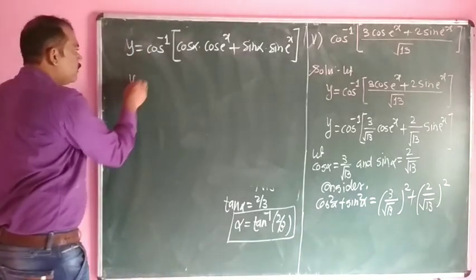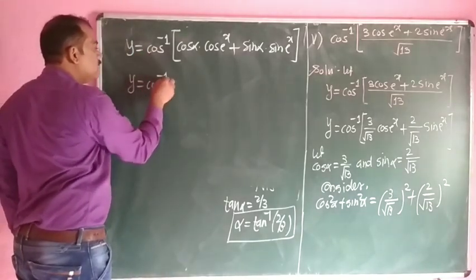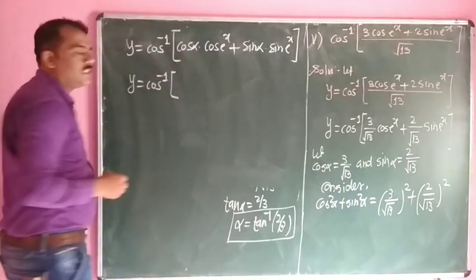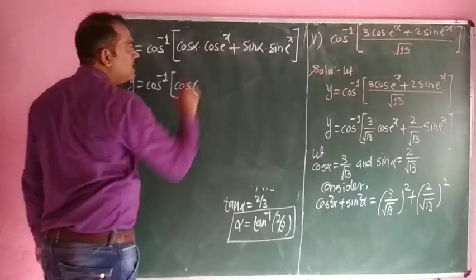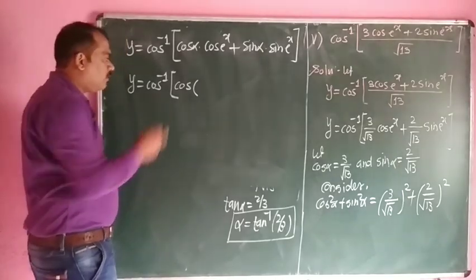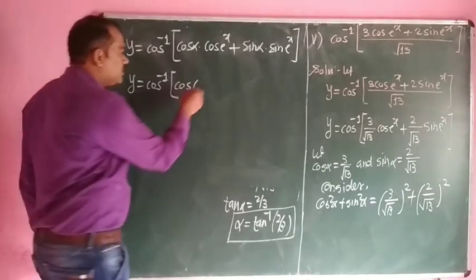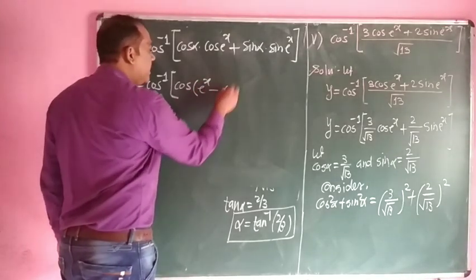That is y is equal to cos inverse of cos cos plus sin sin, which is nothing but the formula of cos. Here plus sign is there, so in the formula of cos we have to take the minus, that is cos of e raised to x minus alpha.